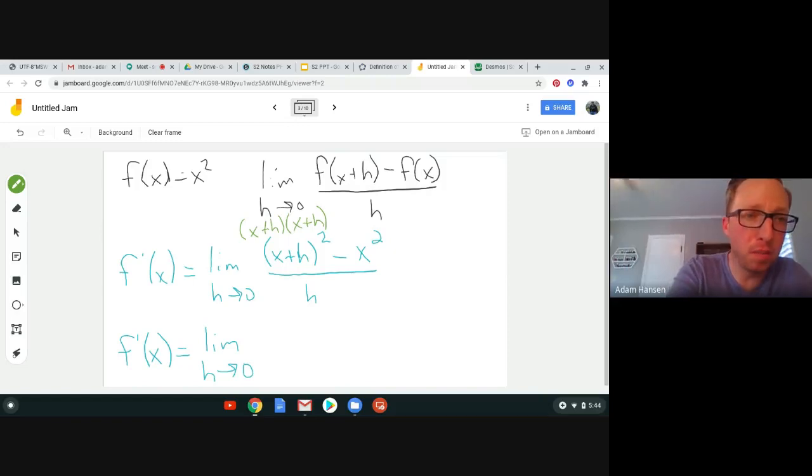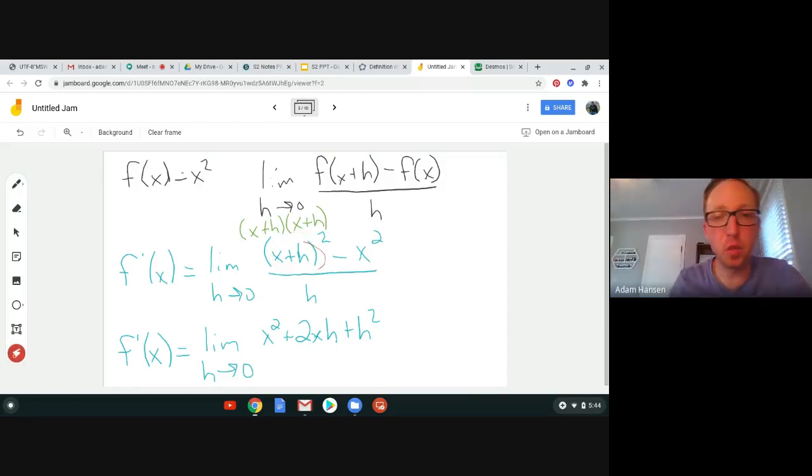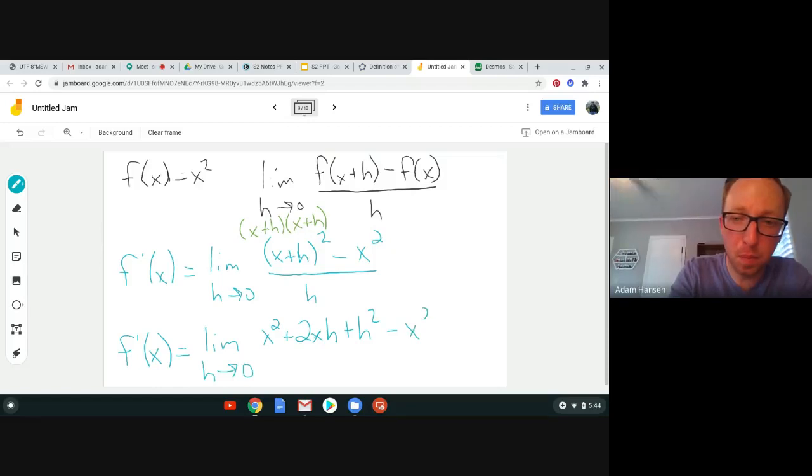And if I distribute that out, I'll get x squared plus 2xh plus h squared. That's what this simplifies to. I get x squared plus xh plus xh plus h squared. We'll keep bringing down minus x squared divided by h.